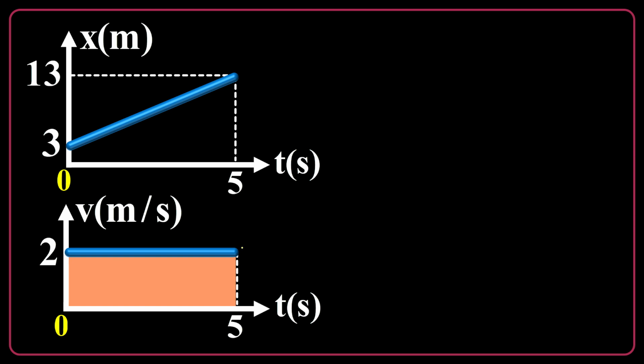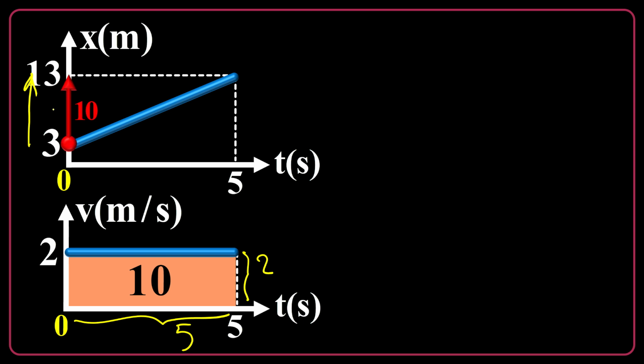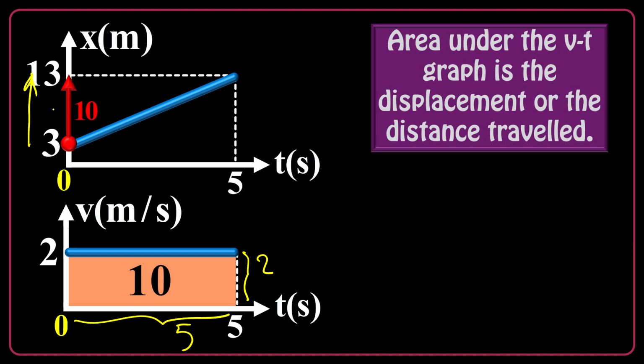You see it's a rectangle, and the width is 2 and the length is 5, so 5 times 2 is 10. The area under the graph is 10. But pay attention, in the XT graph the object starts from 3 and goes to 13. As you see, the displacement of the object is also 10, so it's very important. The area under the VT graph is going to be the displacement. Sometimes also distance, it depends.